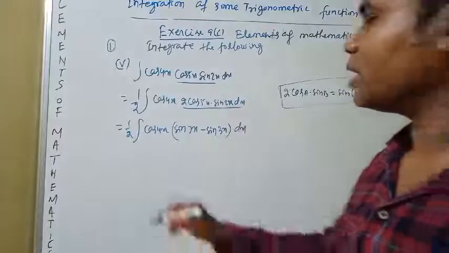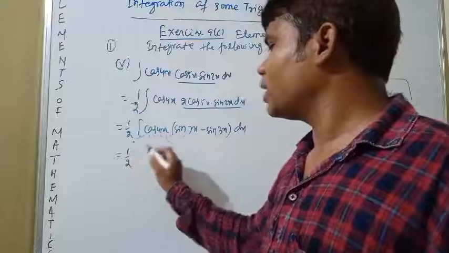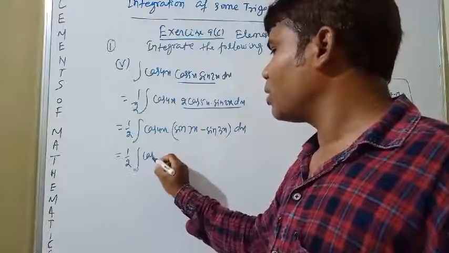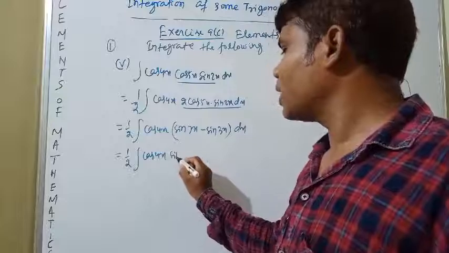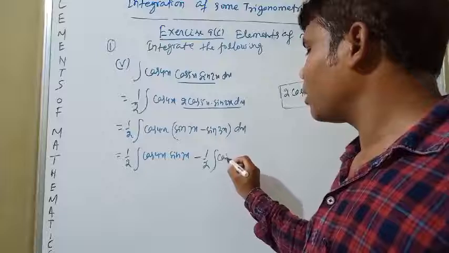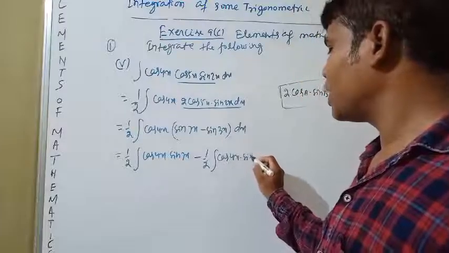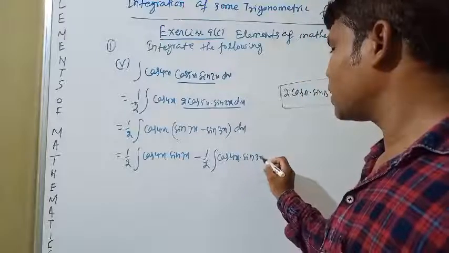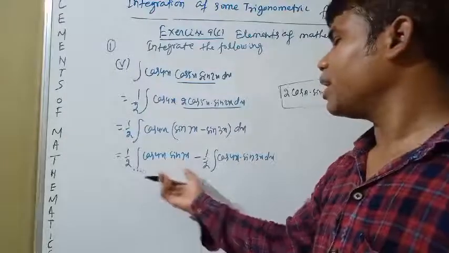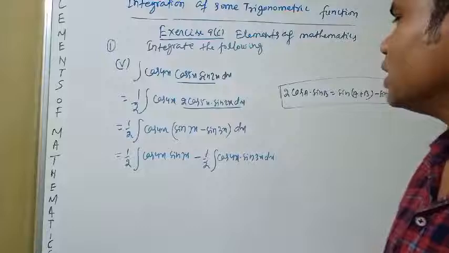Now you separate it, you can get two parts: half of integration of cos 4x sin 7x, and again half of integration of cos 4x sin 3x dx. Now you separately integrate each, then add these two.